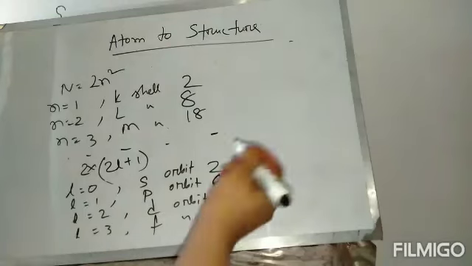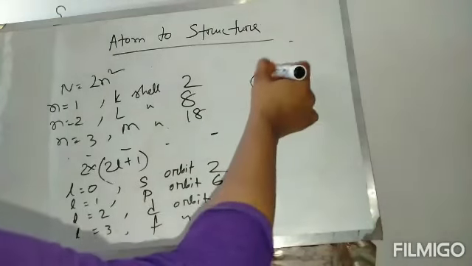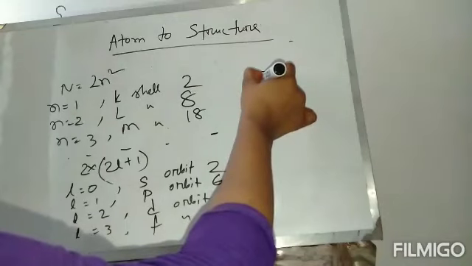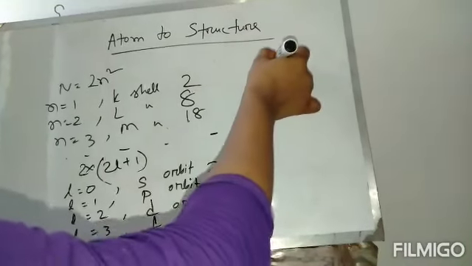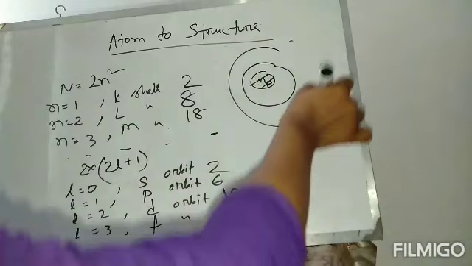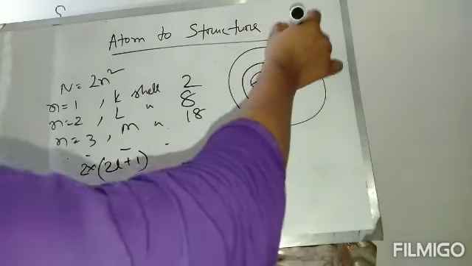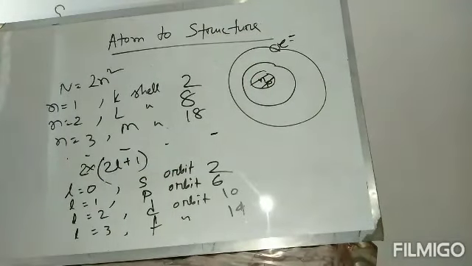Now we see this is the nucleus. It consists of protons and neutrons, and electrons are revolving around the nucleus. Okay, so it is revolving, that's why there is a current. So current is flowing in this closed path.